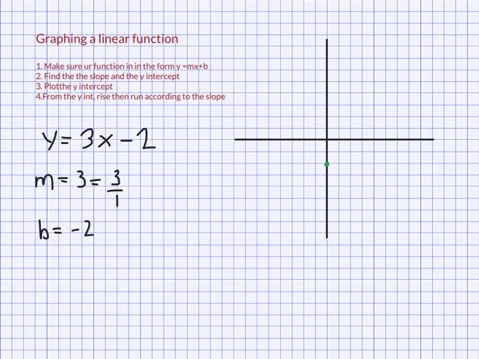Then from the y-intercept, we're going to rise, then run according to the slope. So since our slope is 3/1, we're going to rise 1, 2, 3, run 1. Then we can rise 1, 2, 3, run 1. The little dots are kind of like just my path of where I'm going.